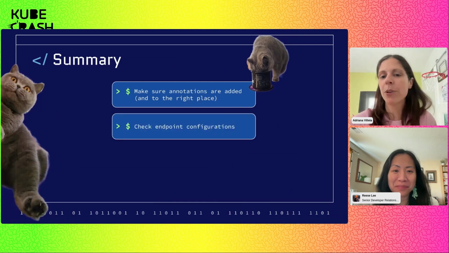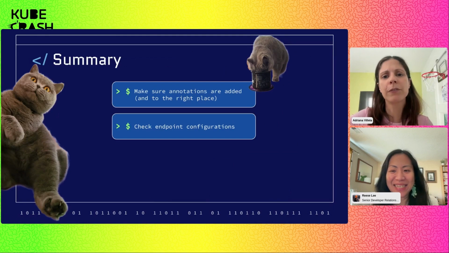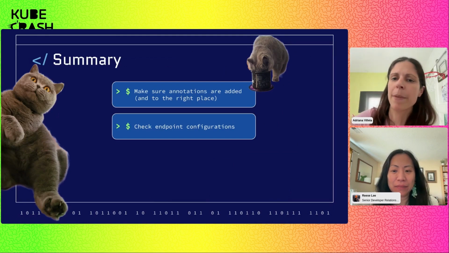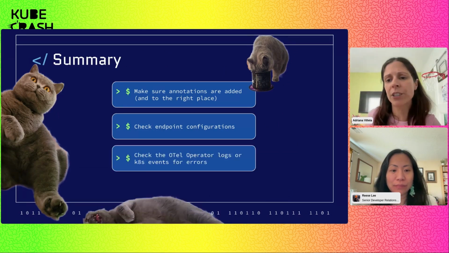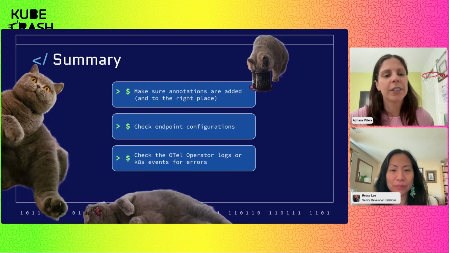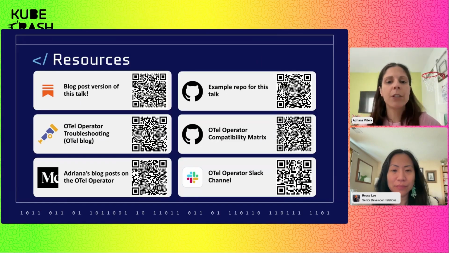Check those endpoint configurations. Make sure that your endpoint exists, is reachable, has the fully qualified name, and is the correct endpoint configuration depending on your collector deployment mode. And when in doubt, check those operator logs for errors. Literally look for error.